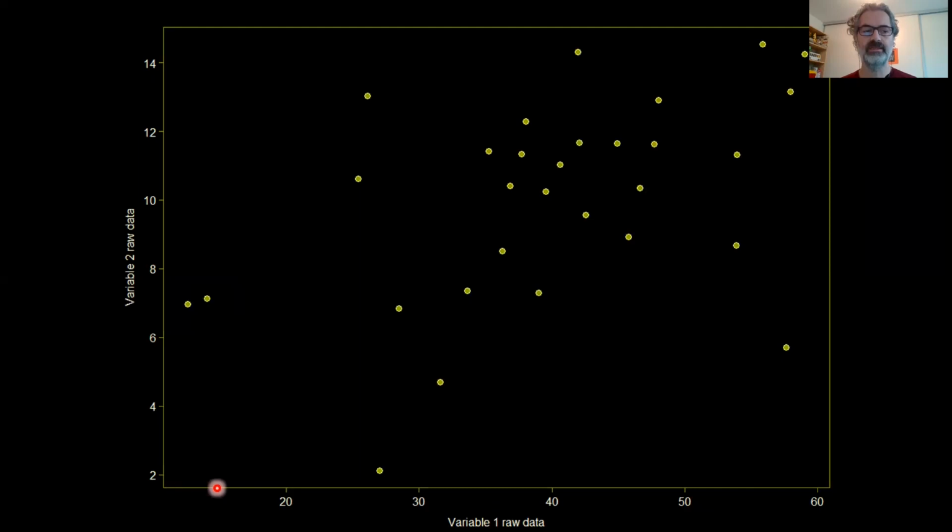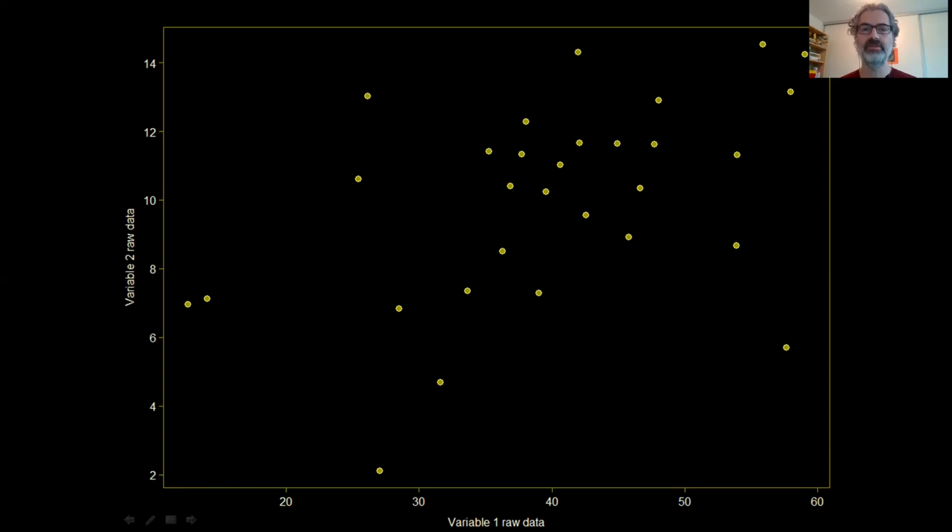On the horizontal axis is the first variable, the first test, and on the vertical axis is the second test. So here is one child who received about 27 on the first test and a bit over 2 on the second test, for example. As you can see on the axes, these are the raw scores.